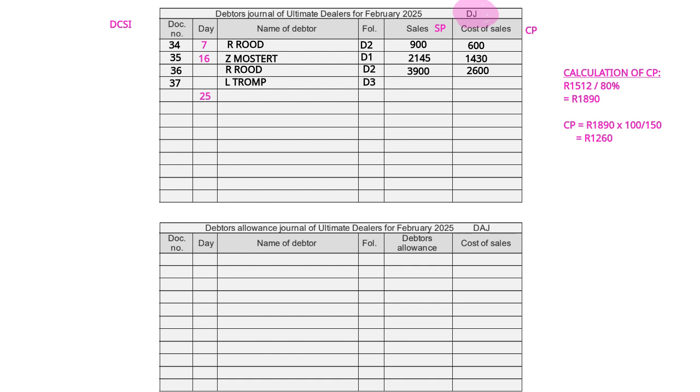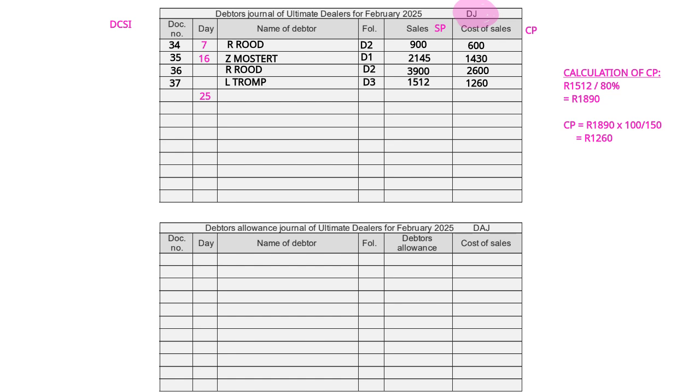So 1890 was our full selling price before the discount. In order to work out our cost price, we need our full selling price, which is 1890, calculated above. Then we times that by 100, divide that by 150, and we get 1260. So the amount recorded for cost of sales will be 1260, and the amount recorded for sales is always your amount after the discount, which is 1512.